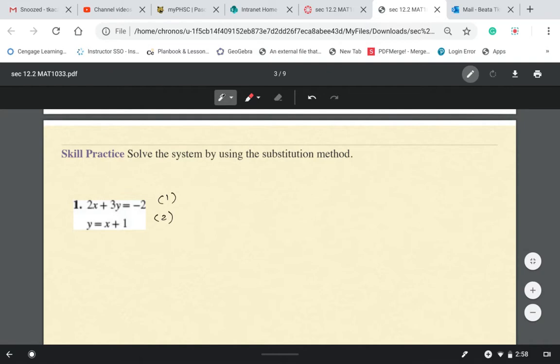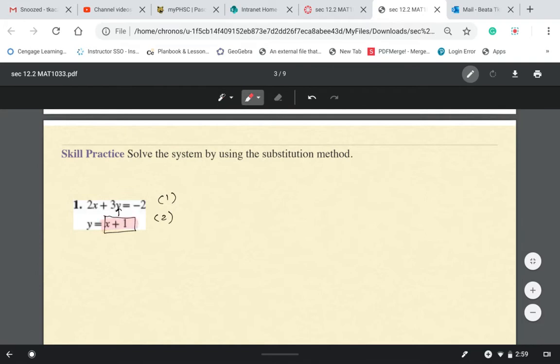In this case, equation 2 has already been solved for y. We know that y is equal to x + 1. So we're going to replace y in the first equation with y from the second equation, which is equal to x + 1.